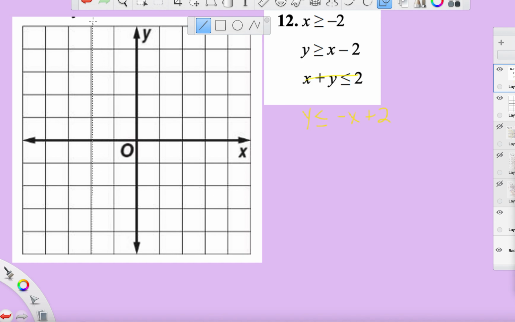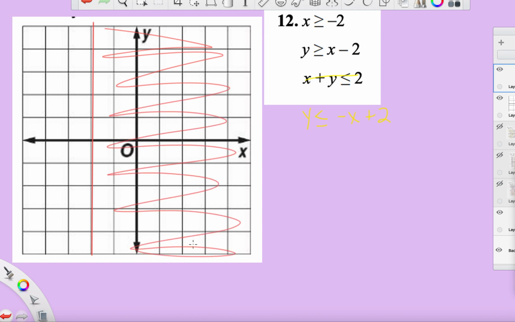So I start there, and it says everything greater than that, so we're going to shade everything to the right of it. Now we're going to talk about y is greater than x minus 2. This has a slope of positive 1, and it starts at negative 2. So let's make it green.